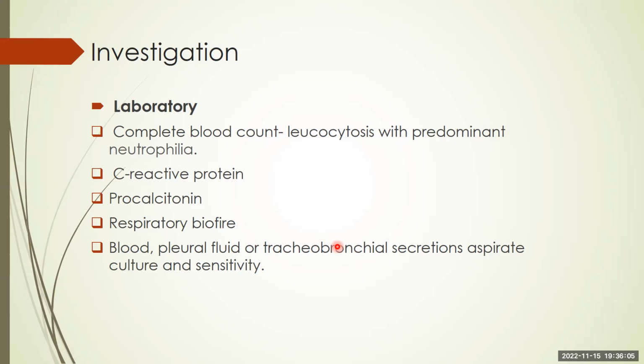A lot of these tests are also useful, especially procalcitonin in predicting when you need to stop your antibiotics. So C-reactive protein, procalcitonin and hemograms, we are hoping that you will not be requesting these tests every single day. These are tests that you would want to do on the second or third day, especially when the child is not responding to therapy. Now, this point is very important, my dear colleagues.